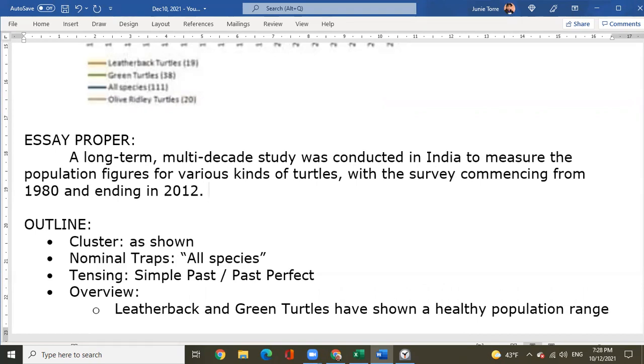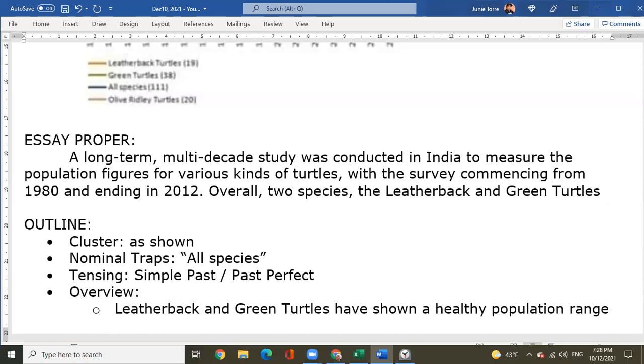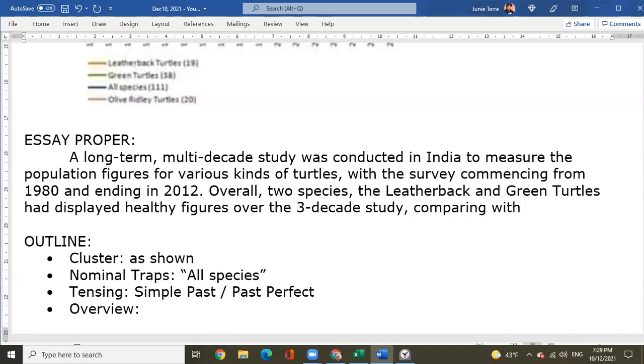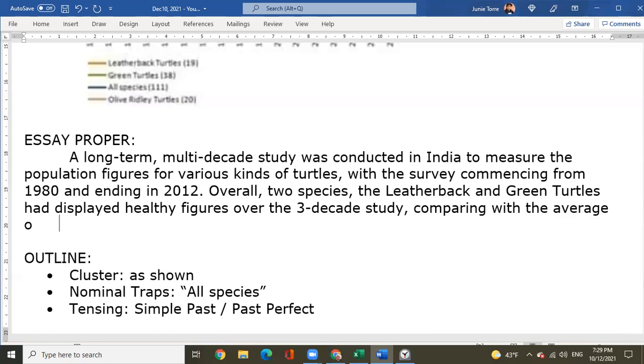And then we are now going into the overview. Overall, two species, the leatherback and green turtles, had displayed healthy figures over the 3-decade study, comparing with the average of all turtles surveyed.